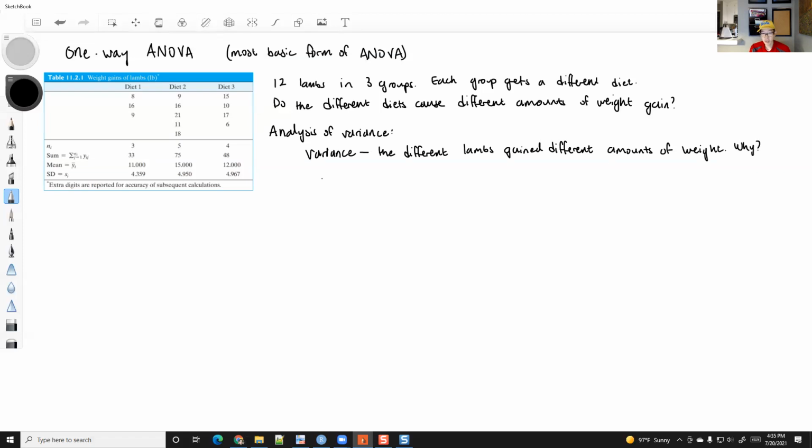Okay, and basically we're going to peg the source of variance to either the different diets causing different amounts of weight gain, or maybe cause is too strong of a word: the different diets are associated with different weight gains.